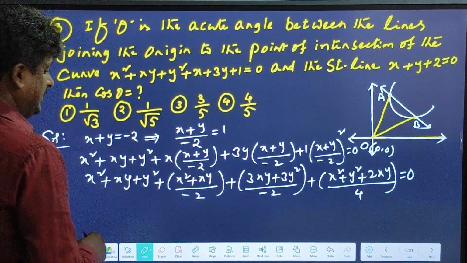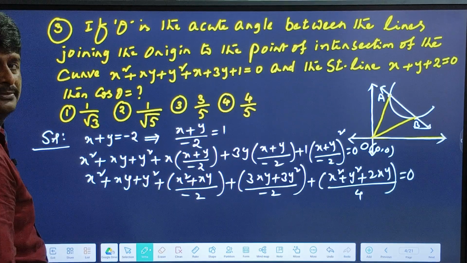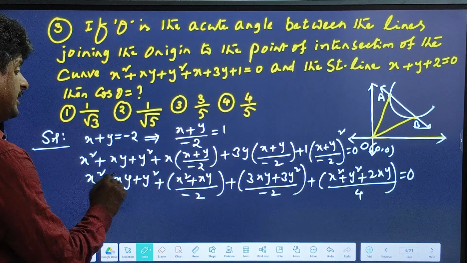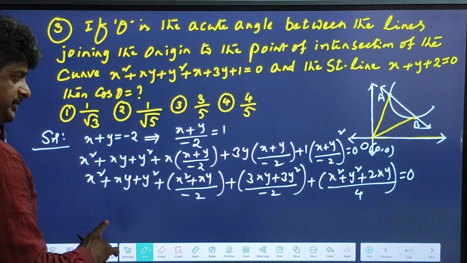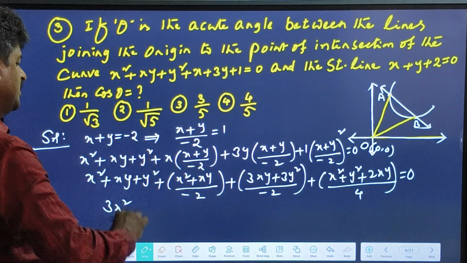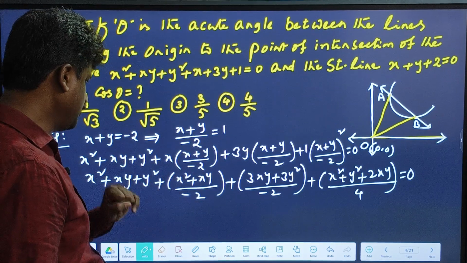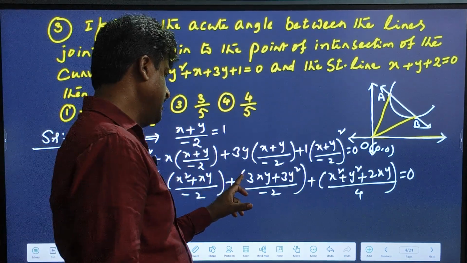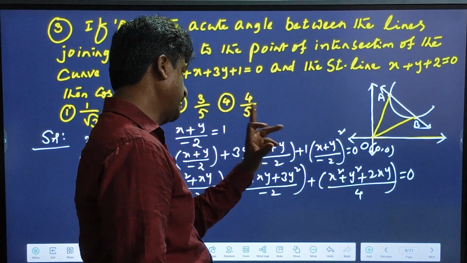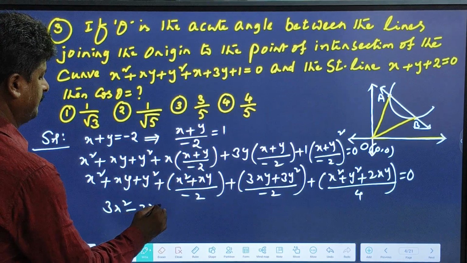The x square terms: 4x square minus 2x square plus 2x square plus x square gives 3x square. The xy terms: 4xy minus 2xy plus 2xy minus 6xy minus 4xy plus 2xy minus 2xy.